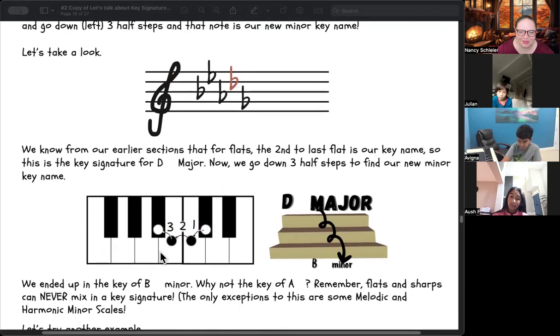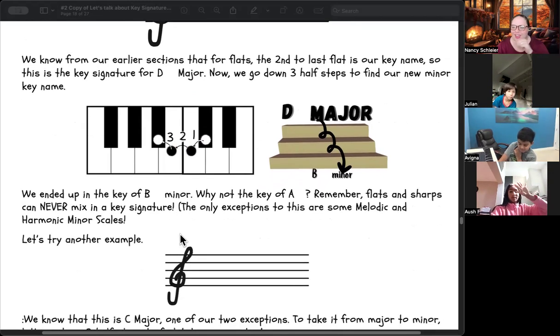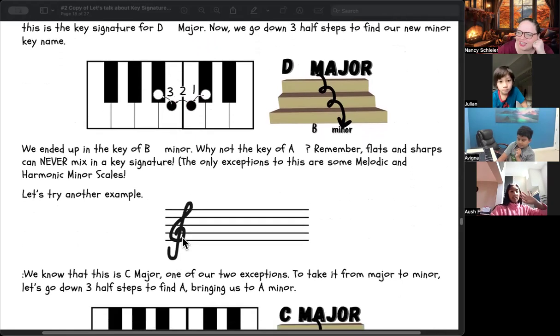Okay. Awesome. And again, I don't know why it deleted all the sharps and flats. I'm going to have to fix that before I send this to you guys. Keslin, did you have a question?